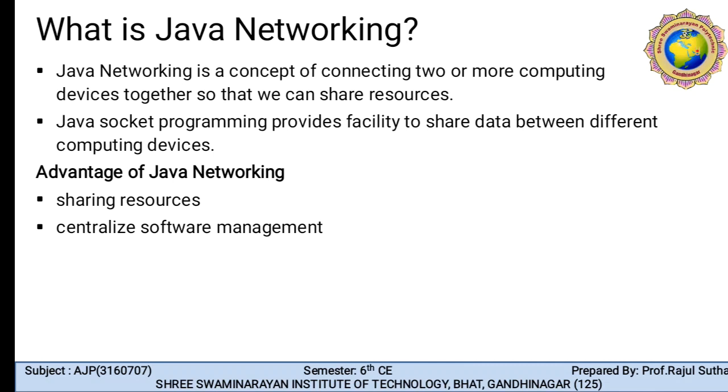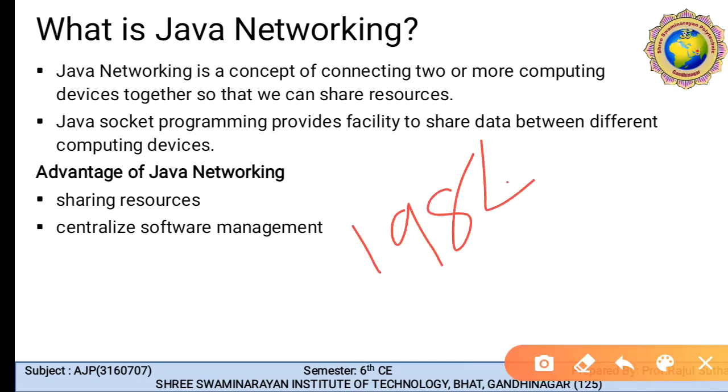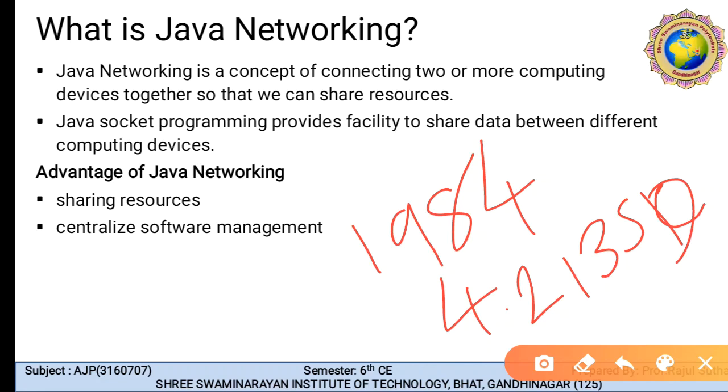In 1984, a new version of Unix was released that is known as 4.2 BSD. What is 4.2 BSD?